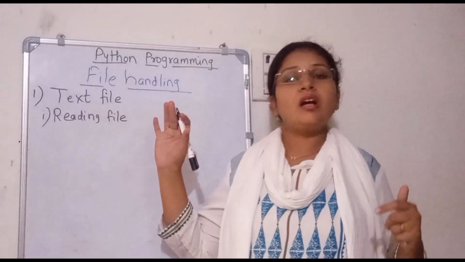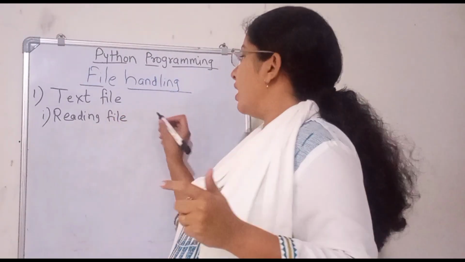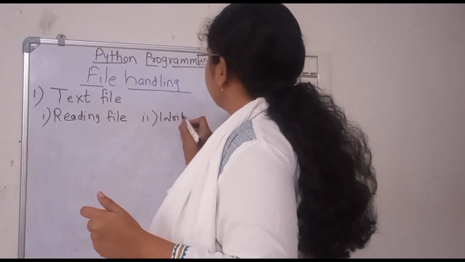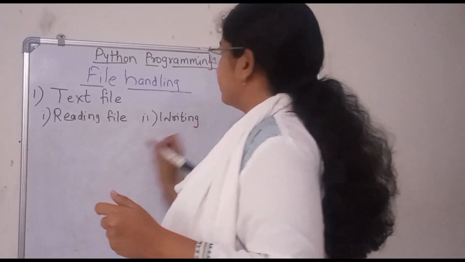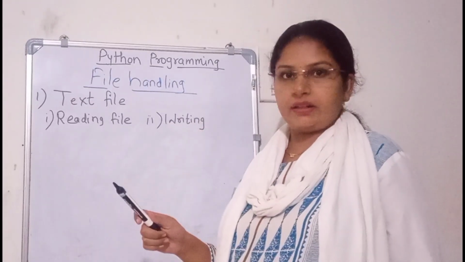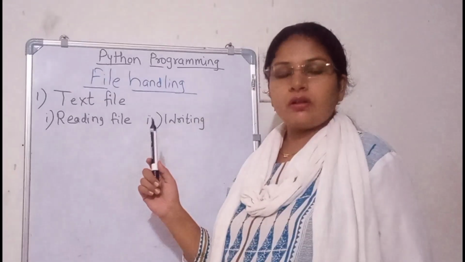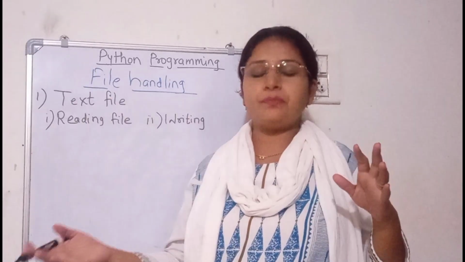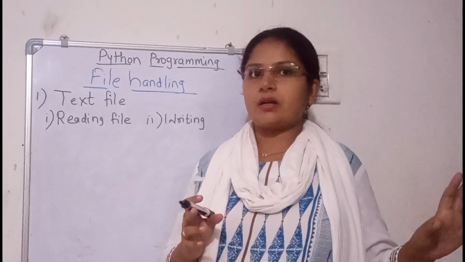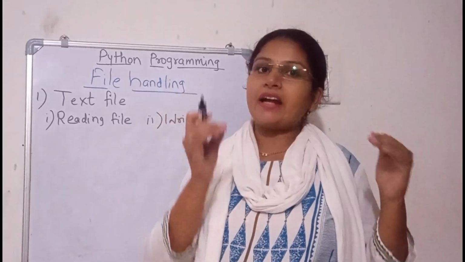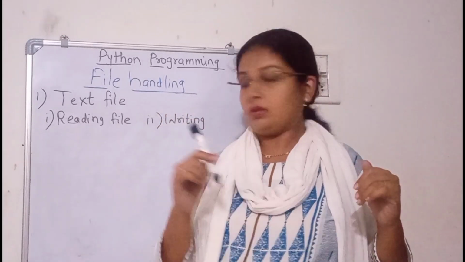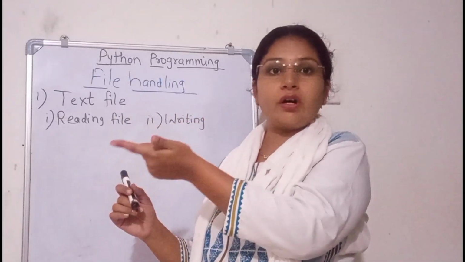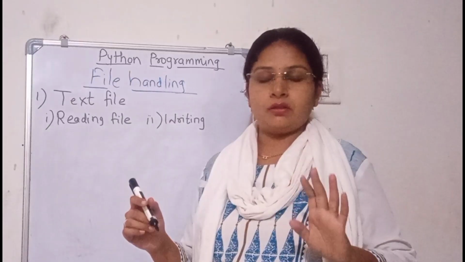So that is first, reading from the file, and the second one is writing. While writing to the file, it is just the reverse procedure: first you place the content which is to be written to the file in some variable, and then that variable will be written and become a part of your file using the write method, right?